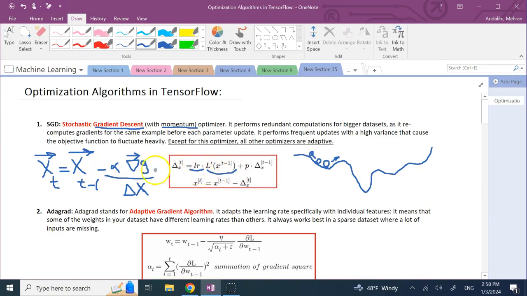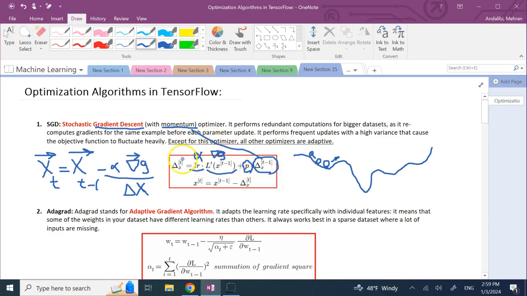The learning rate in this formula is the same as alpha, and this L prime is the same as the del of G. That's the same thing, but I also add some extra term to this. I add another constant term times the previous change in the parameter, and this is your momentum, okay?